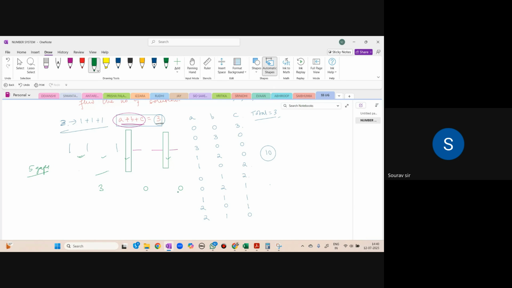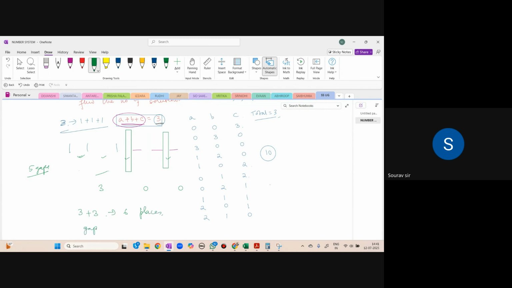So that means I have to divide the 3 into 1, 1, 1, add 3 places because I have to have 3 places to fill. So I put them as dummy places. And then I divide these 6 places into 3 parts by introducing 2 rods. So I'm doing 3 plus 3, which is 6 places.